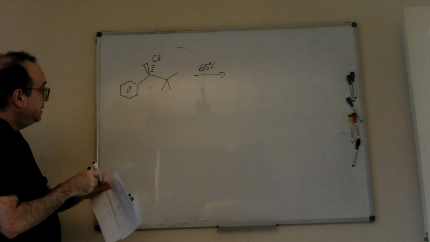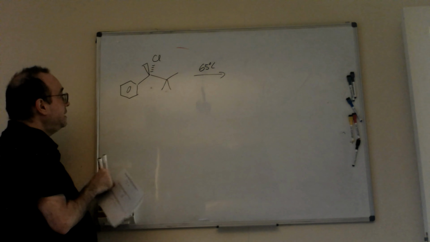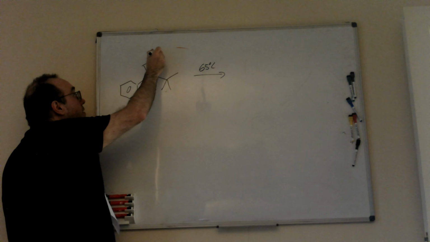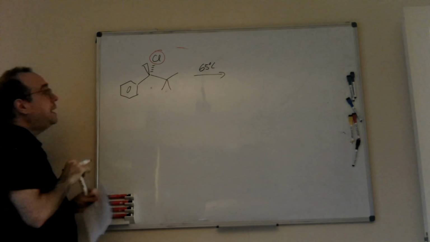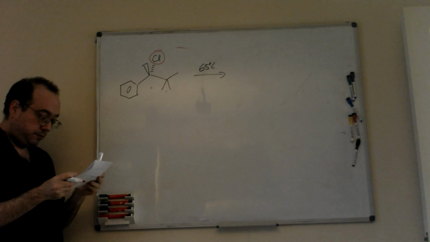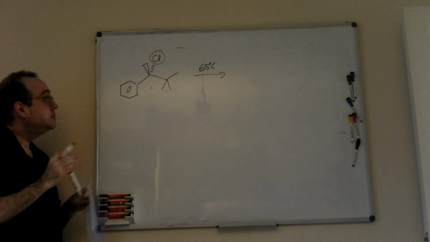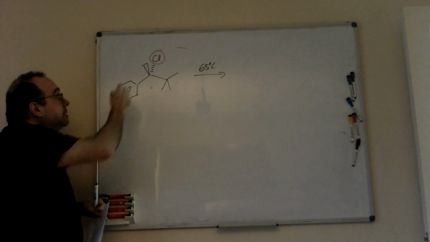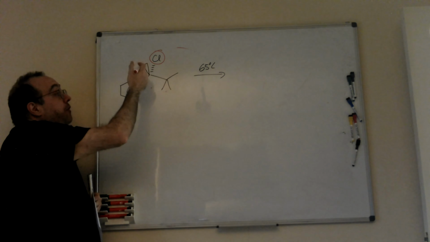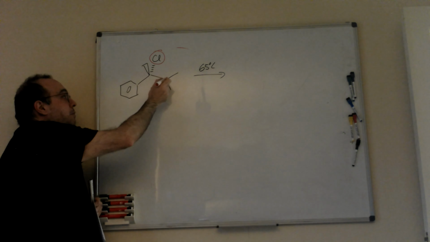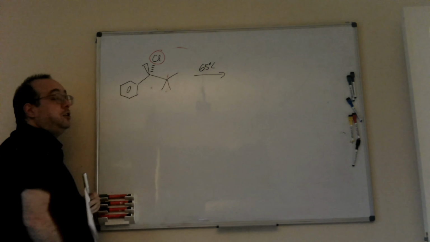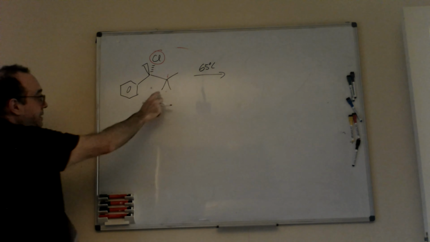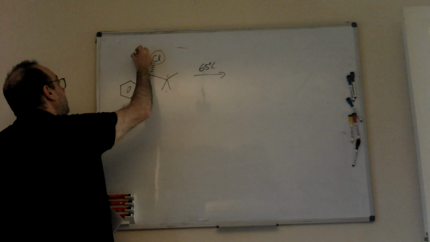Well, we have here the leaving group, okay, and then if it's an elimination, we have to find the hydrogen that is one carbon away. In this position, there are no hydrogens, there are only methyls, and the only one available is this.